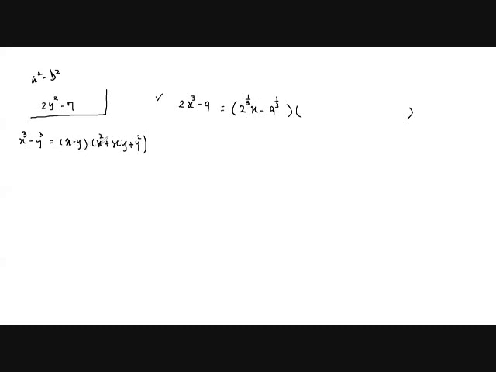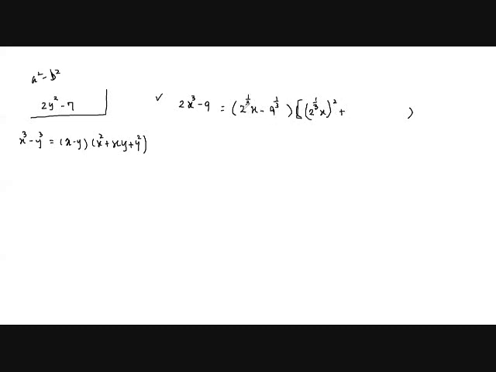So use the formula. Right now your x power 2, that means this one power 2. So you're going to have 2 power 1 over 3, the whole thing power 2. And then minus y, right? So this is x minus y, and it becomes x squared plus xy.